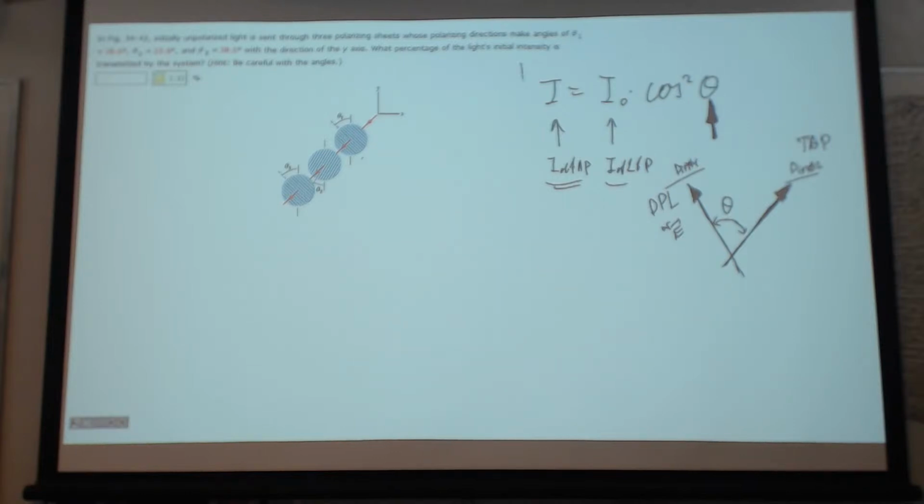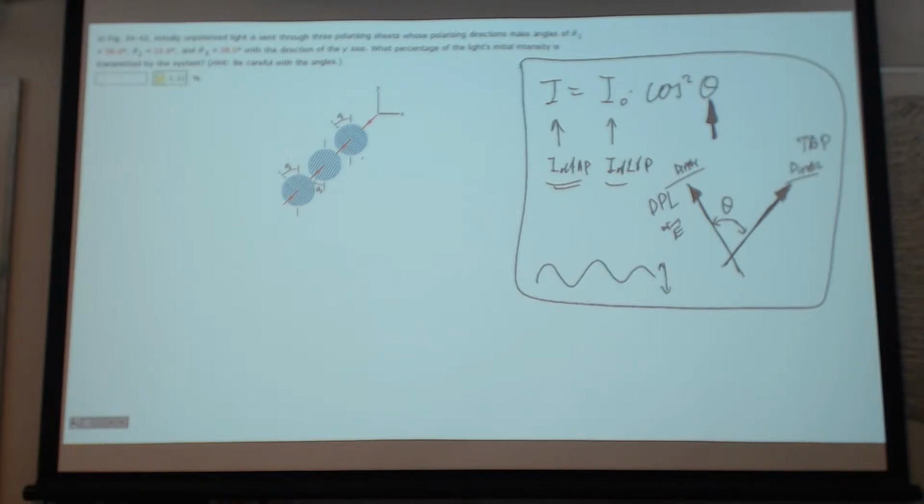If you use this law, the wave is supposed to have a specific direction of polarization. The light must be polarized. This is the only way to use this equation, when light is polarized already and approaching a polarizer. And this is how this angle must be measured.